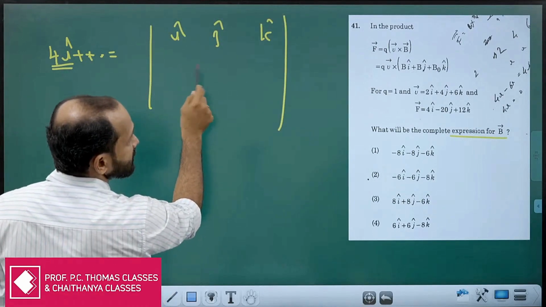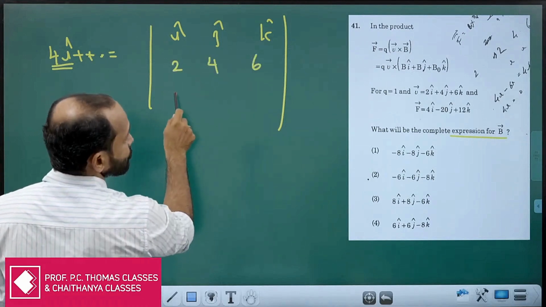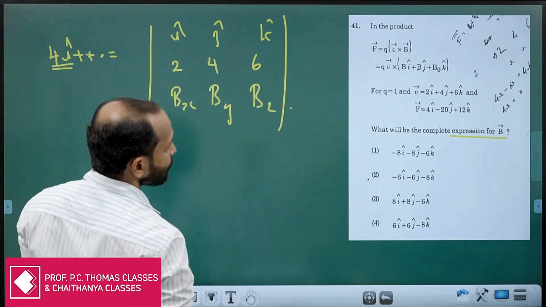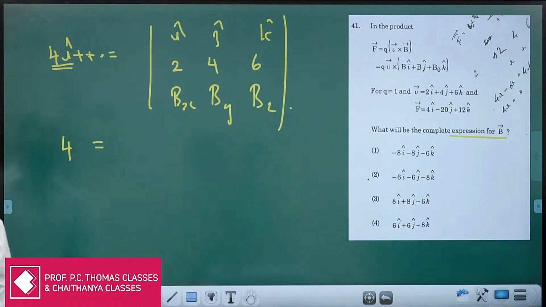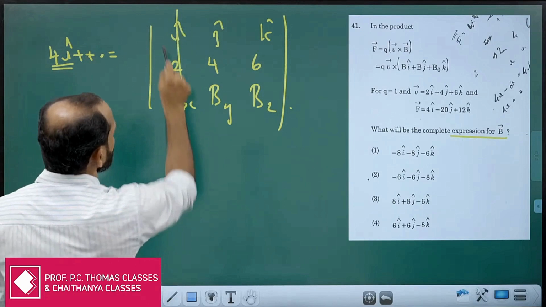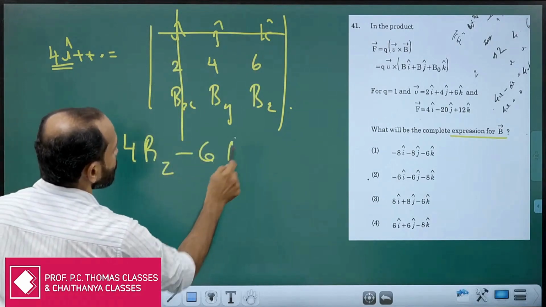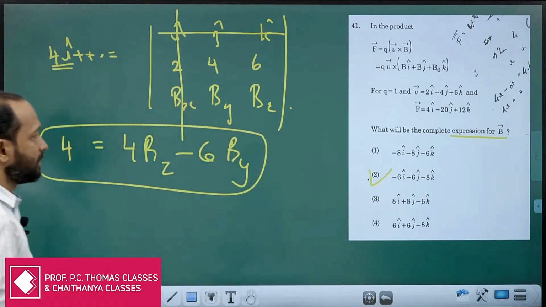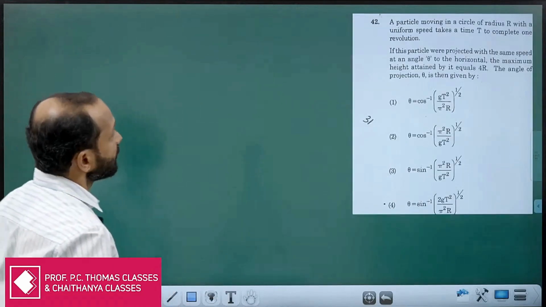What is velocity? The first vector is velocity. I have to write 2, 4 and 6. Next one is Bx, By, Bz. Now here I have to get the X component. Crossing I, it is 4Bz minus 6By. You try this equation; this will be satisfied only by the second option. That's the method to get it quickly.